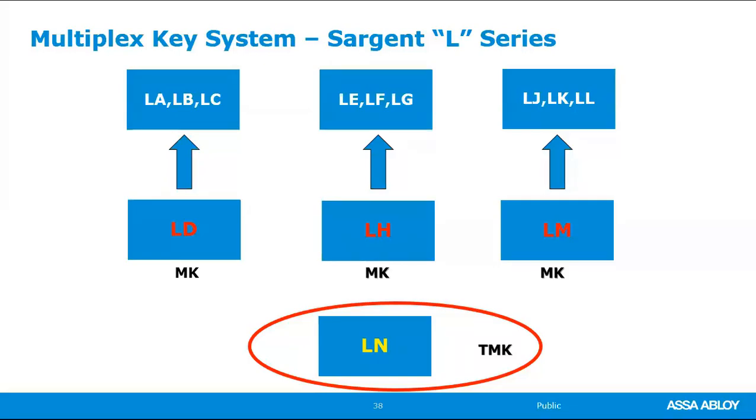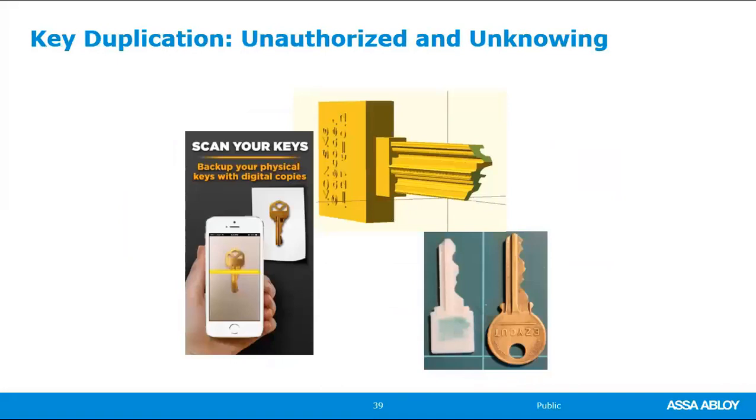Another issue is unauthorized key duplication. This has been one of the major concerns of individuals that have keys: when they give their keys to somebody, that person will go get an unauthorized key.